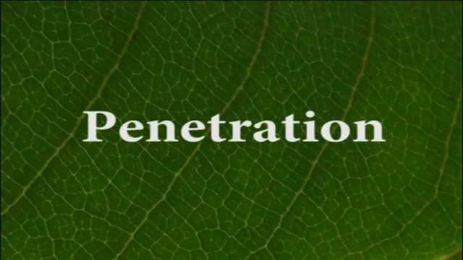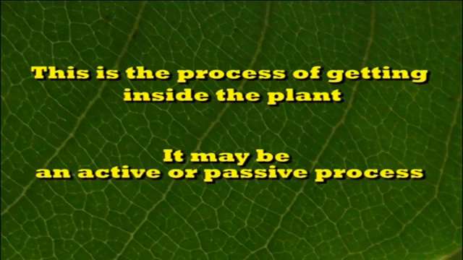Next is penetration. This is the process of getting inside the plant. It may be an active or passive process. Some pathogens produce enzymes to dissolve the cutin and cellulose layers of the plant material between them and the cell content.